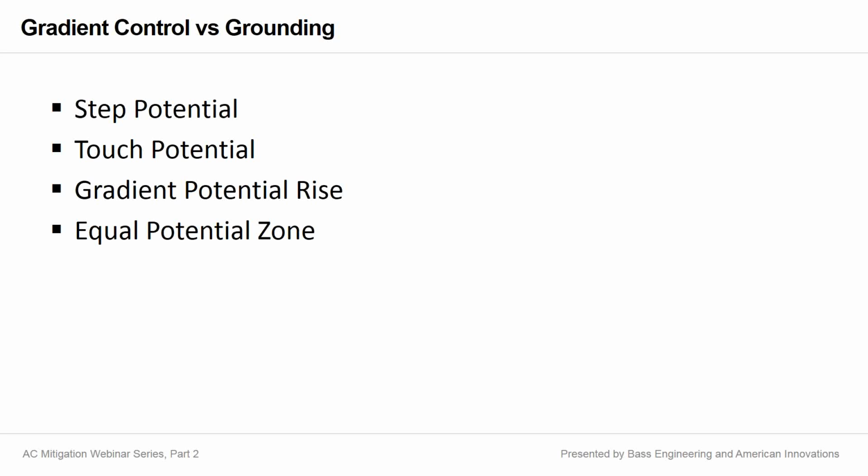So as we start this discussion on gradient control and grounding, it's important that you understand some terminology, specifically step potential, touch potential, gradient potential rise, and earth potential zone.